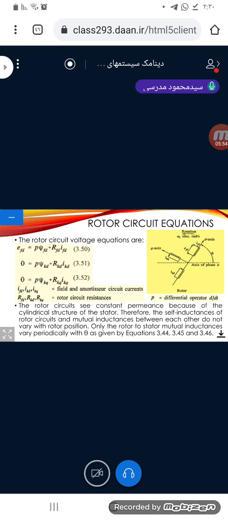And I told you about the rotor circuit equation. In the rotor we have three windings. One of them is for the field, but two windings are damping windings, which we name the amortisseur circuit or amortisseur winding.